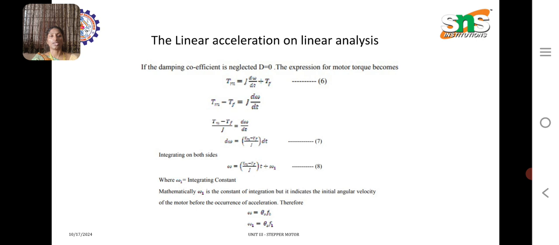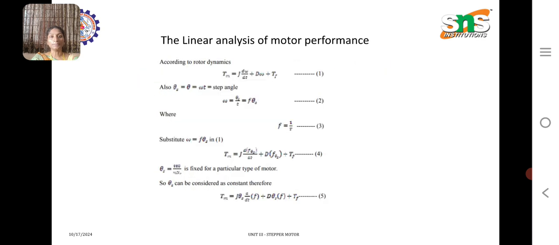So in this equation, we have linear and non-linear acceleration to find out the motor performance. In this, we have considered the motor dynamics and made the first equation Tm is equal to J d omega by dt plus Tf. With this equation, we are substituting the angular step angles, neglecting the damping coefficient and determining the final equation.